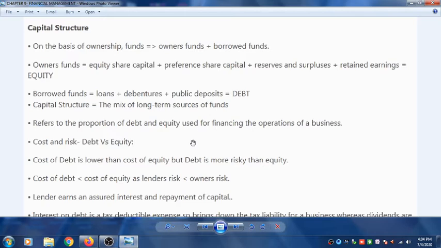So cost of debt is always lower than the cost of equity, but debt is more risky than the equity, because if a company has taken the loan and if the company will not pay the interest of that loan on time to the bank, then the bank will close the company. So cost of debt is lower, but debt is always risky for the business. So cost of debt is less than the cost of equity, which is less than the owner's risk.